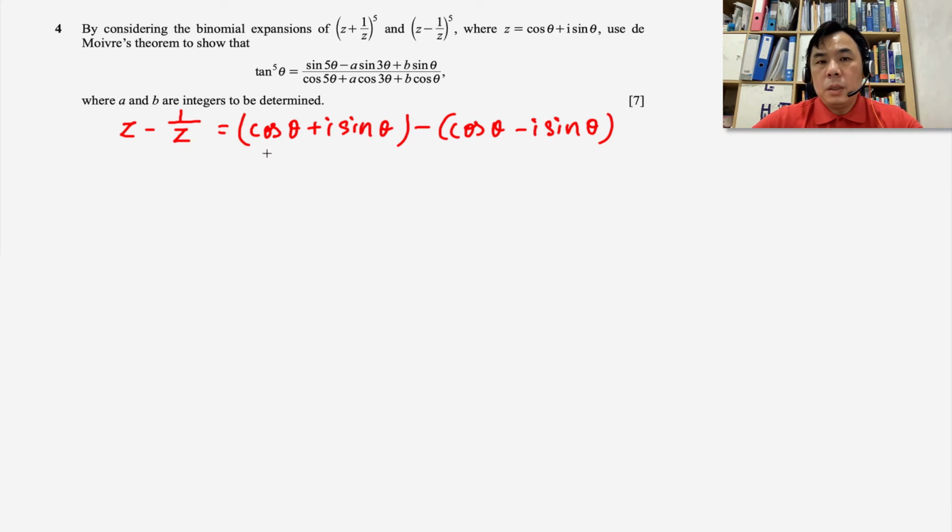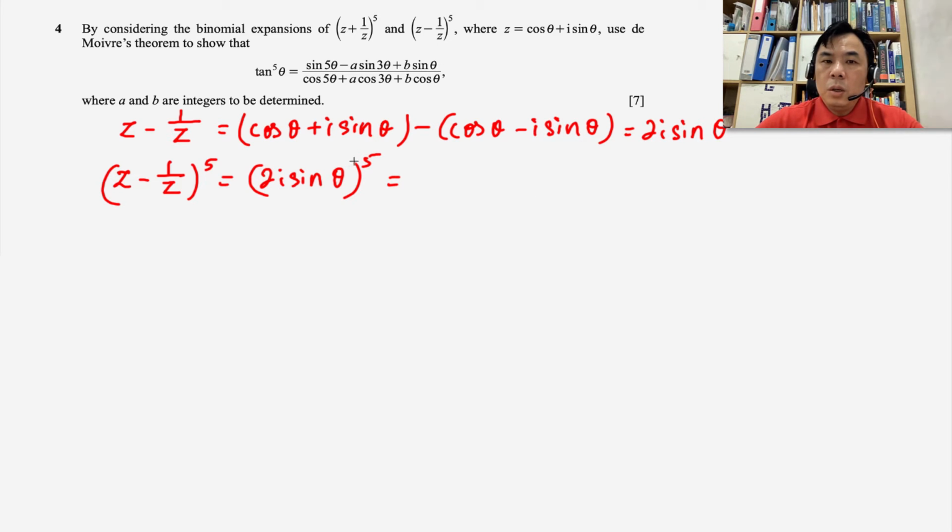And then from here, if you simplify that, we will get the 2i sine theta. Now, by applying power 5, we have (2i sine theta) to the power of 5.